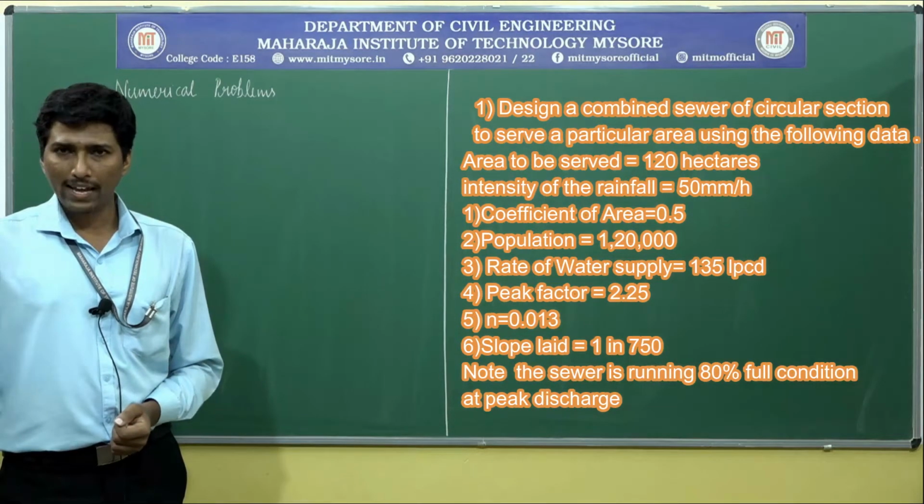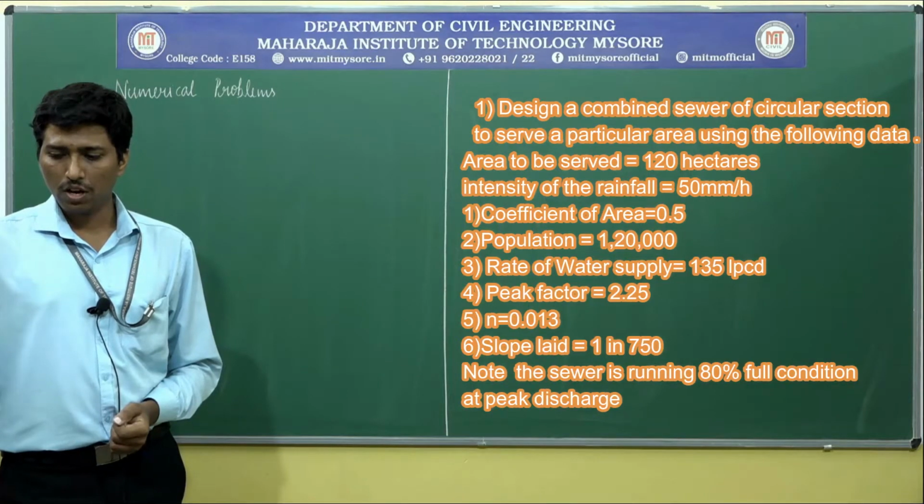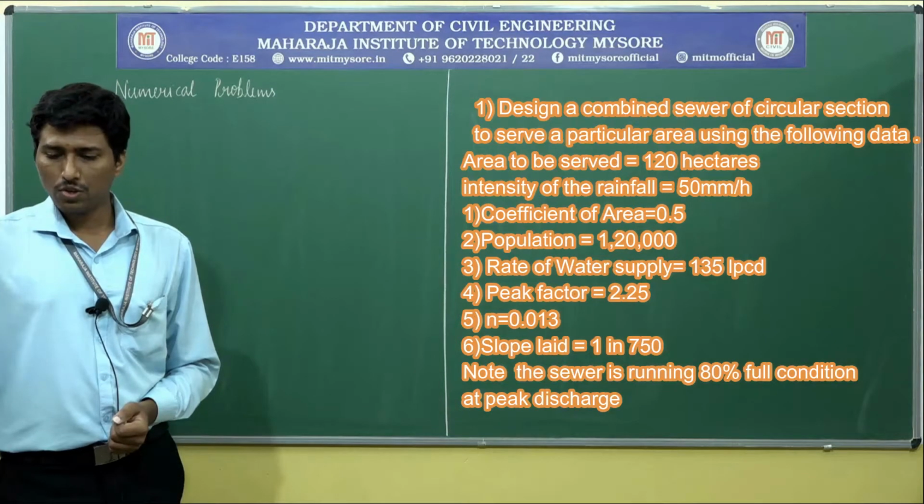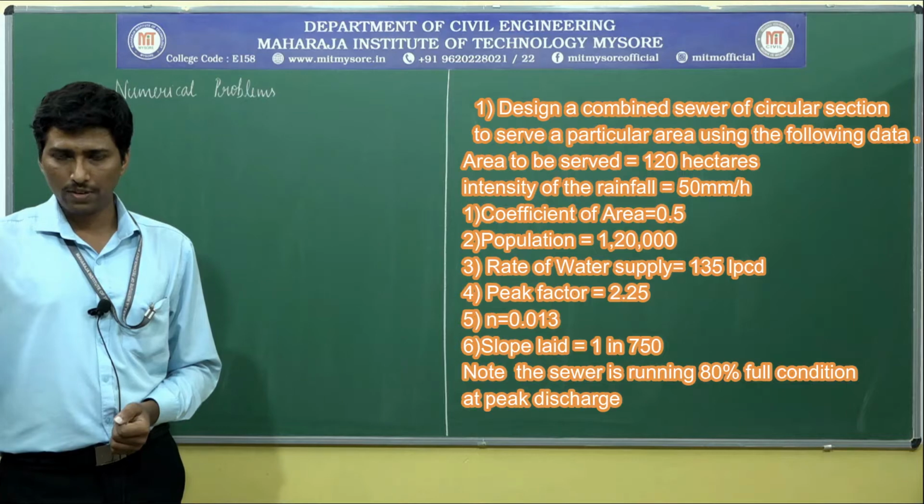Population 1,20,000. Rate of water supply 135 LPCD. Peak factor 2.25. N is equal to 0.013 and S is equal to 1 in 750. In addition, the sewer is to run 80% full at peak discharge.